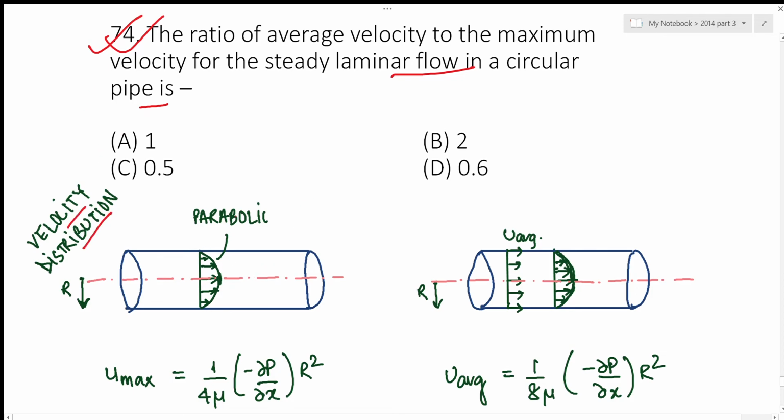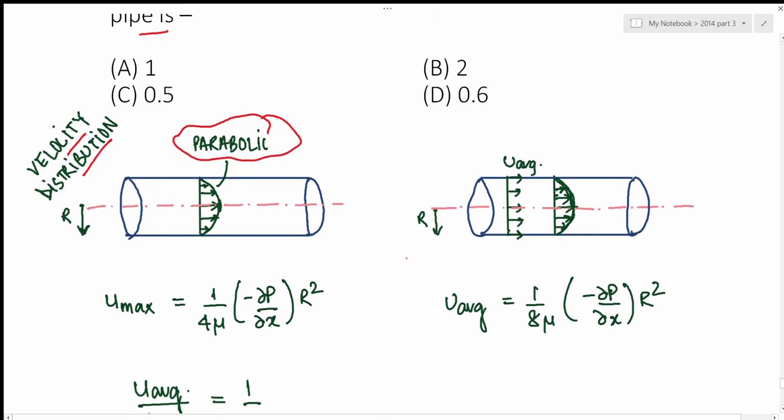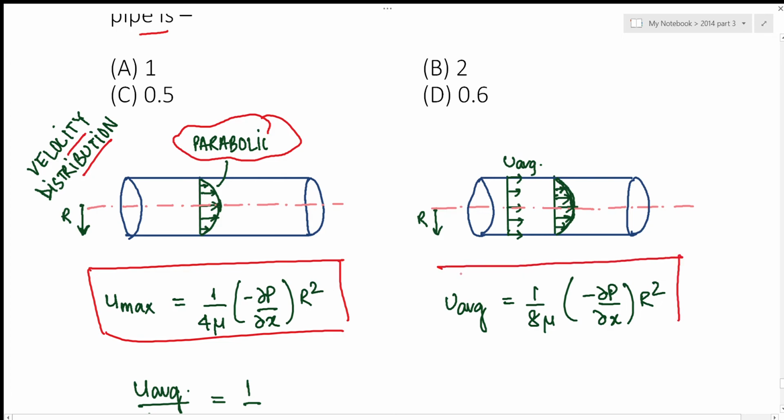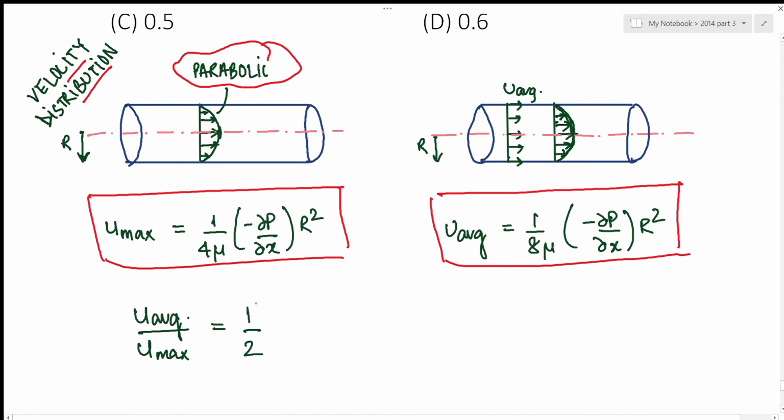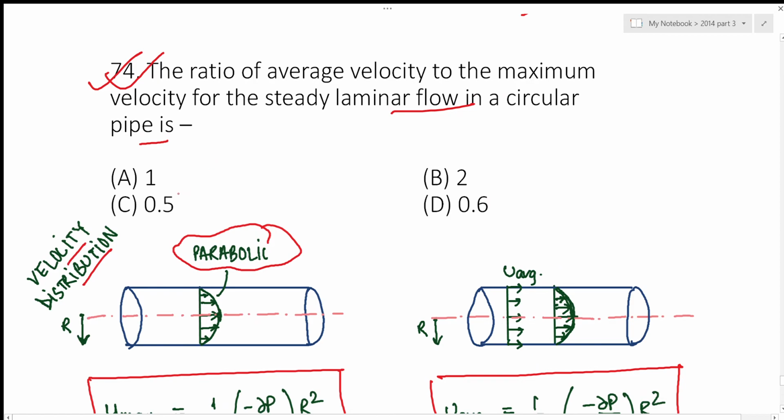The velocity distribution here is parabolic in shape, and the maximum velocity is given by Umax equal to 1 by 4 mu times minus del p by del x times r square, and the average velocity is given by 1 by 8 mu times minus del p by del x times r square. So U average by Umax comes out to be half or 0.5. So the answer for this particular question should be C.